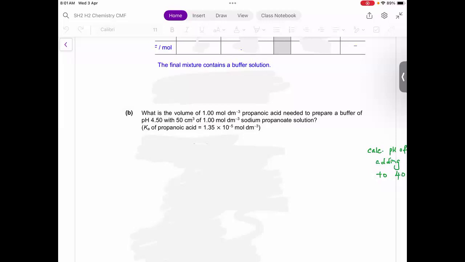We have also gone through the concept of the acidic buffer and basic buffer, whereby if I have a weak acid with a Ka value larger than the Kb of the conjugate base, then I know that I'm forming an acidic buffer. Remember this concept?